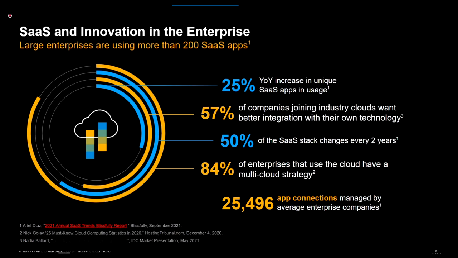Now, as you can see here, the average enterprise has over 200 SaaS applications deployed in their environment. And that number is increasing at 25% year over year. But furthermore, enterprise companies are managing on average over 25,000 app connections, with 50% of the stack changing every 2 years.